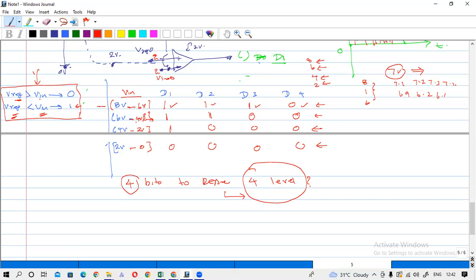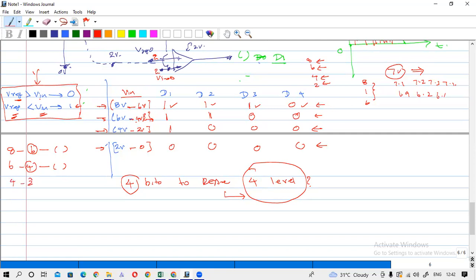Here you have only 4 levels, no? 8 up to 6, you have 1 combination, and the 6 is not included here. And 6 to 4, 4 is also not included. You have 1 combination. 4 to 2, you have another combination. 2 to 0, you have another combination.